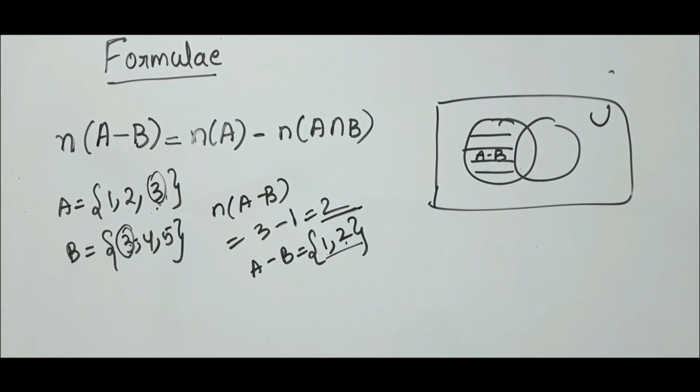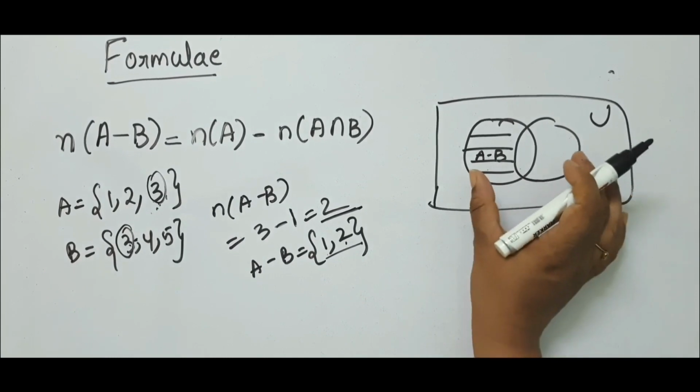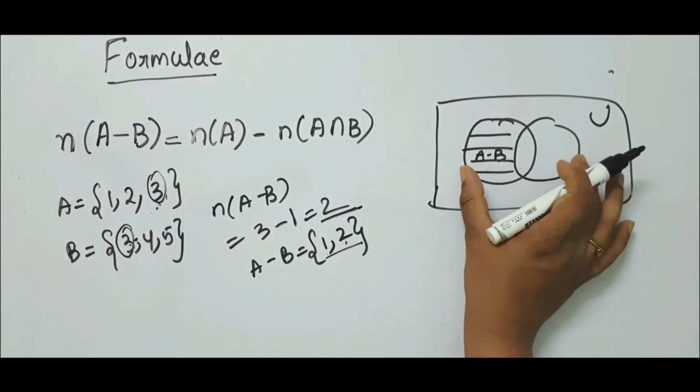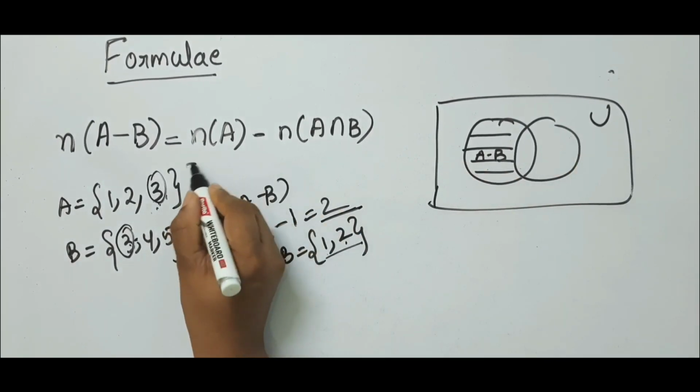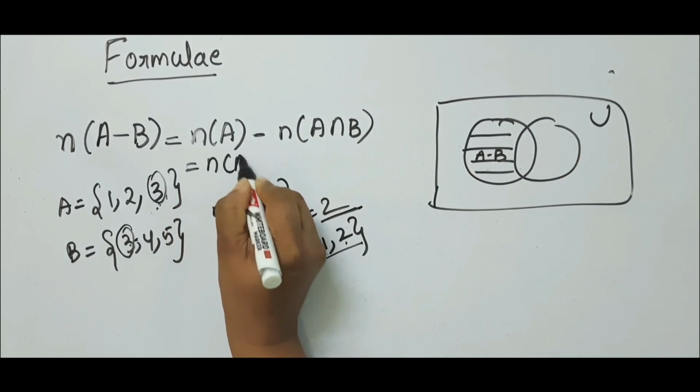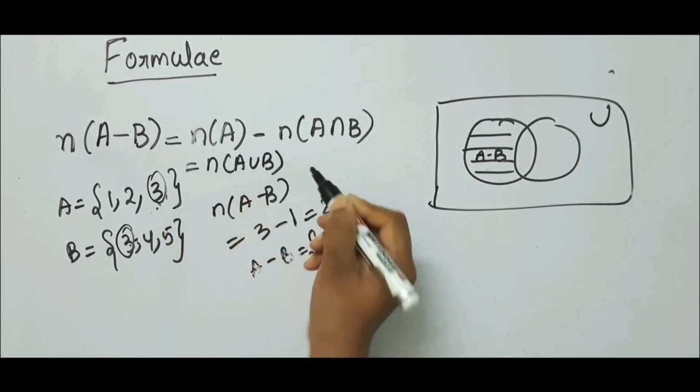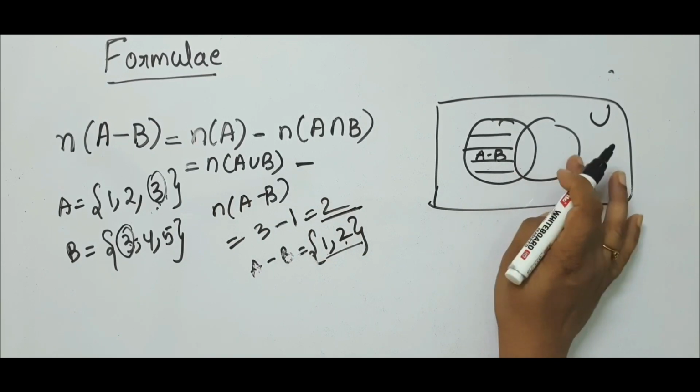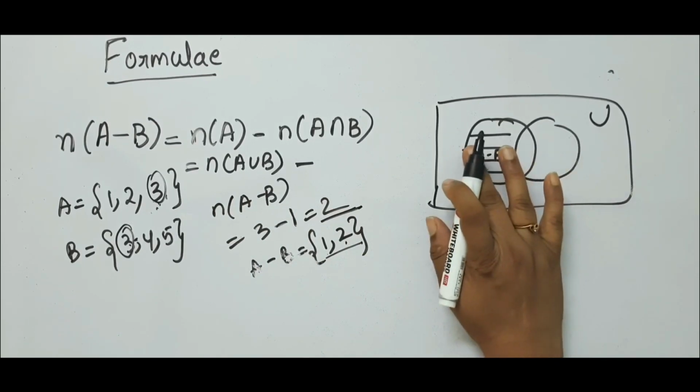A intersection B. The same formula can be written as: take the union of the whole set. That is, count the number of elements of A union B and subtract the elements of B. Is it not?